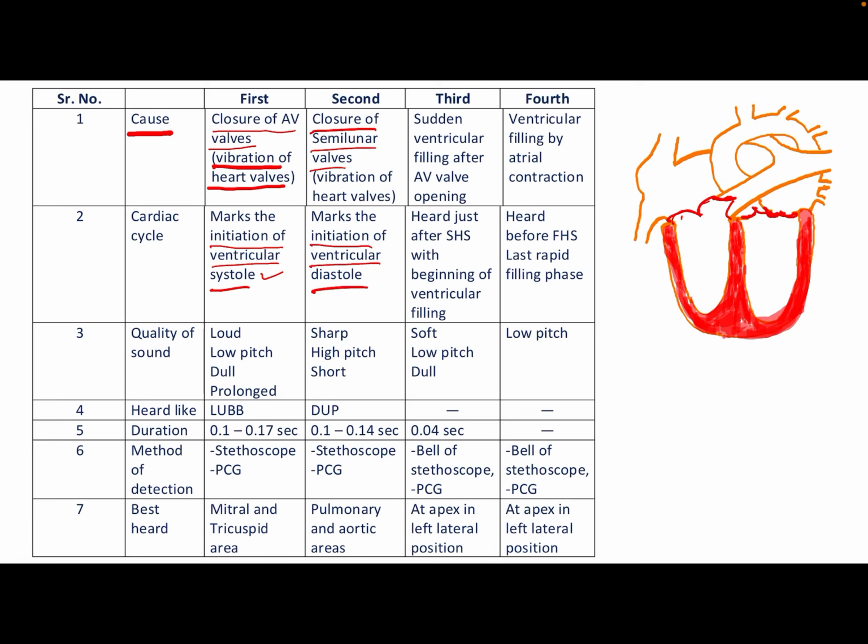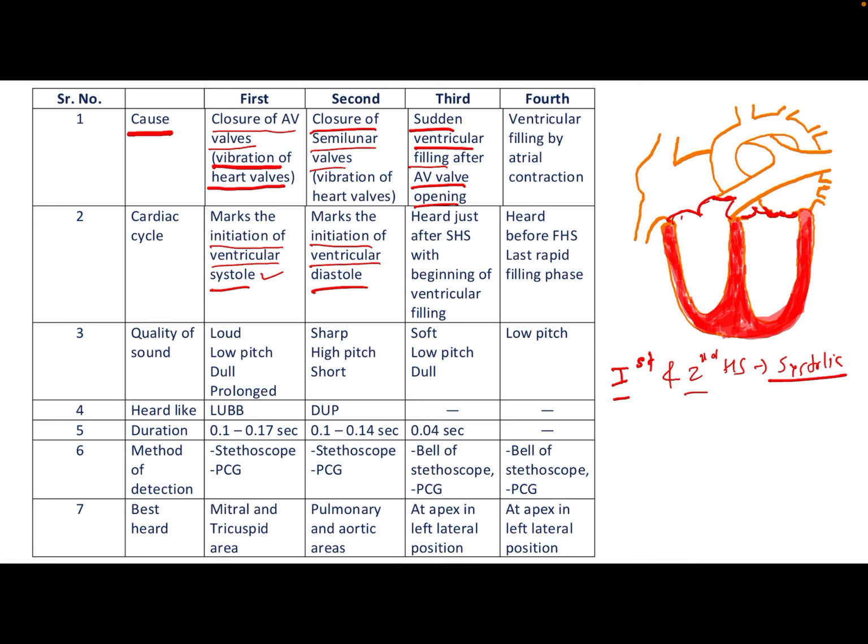Then the third heart sound is due to the sudden ventricular filling after AV valve opening. So basically the first and second heart sounds occur during the systolic phase, that is the starting of the systole and the end of the systole.